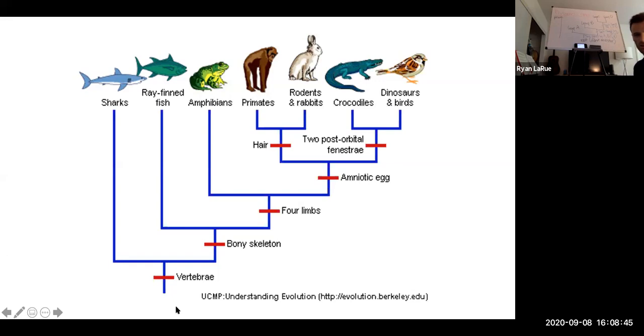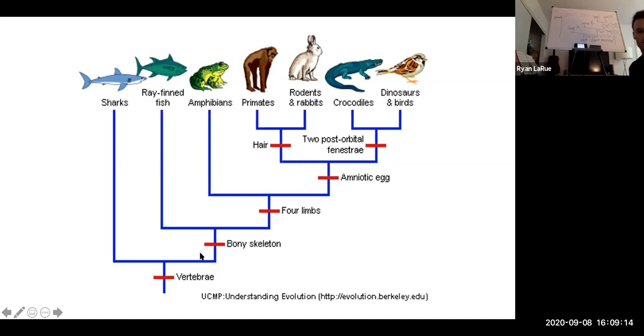So we could say at the root here would be an ancient common ancestor to vertebrate animals. So we're going to be looking at vertebrates here. So vertebrae developed over time from some invertebrate, and we got the emergence of new species.